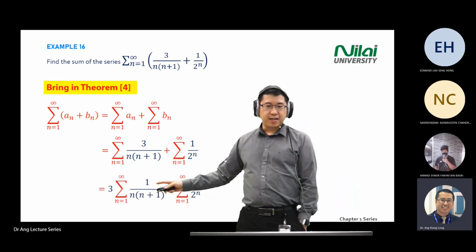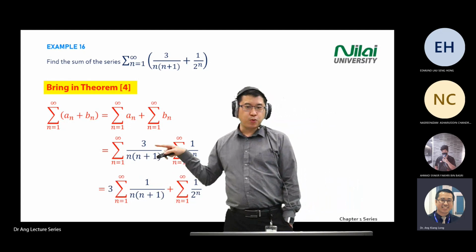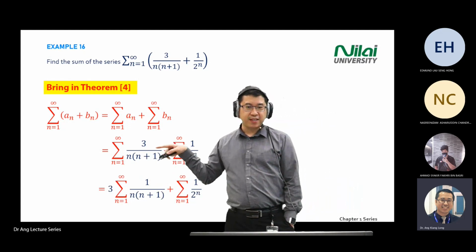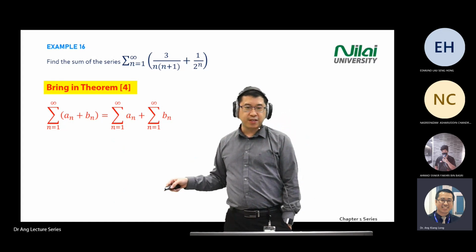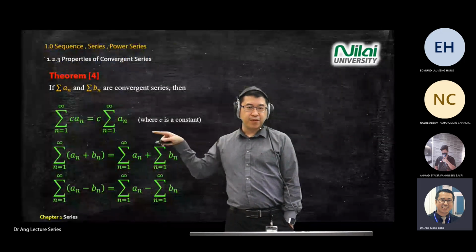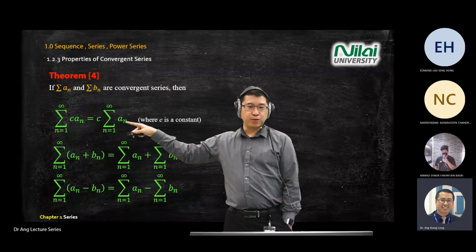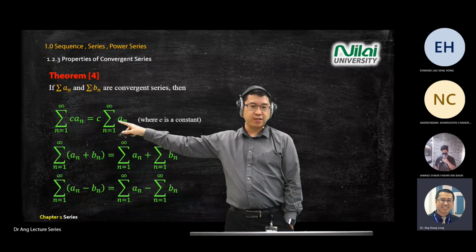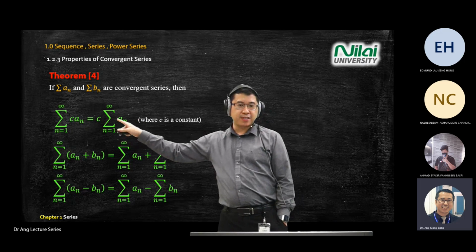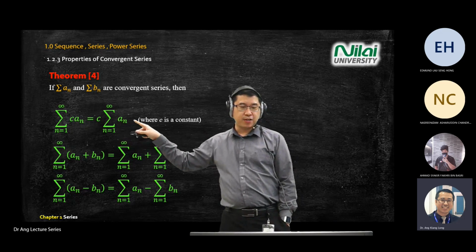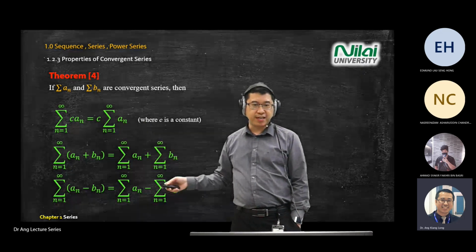Then the third step, you know this kind of pattern. For this set, you can use the first theorem. You know that there is a constant that you can push outside the sum symbol, because this is C times AN, meaning the constant value can be pushed outside.